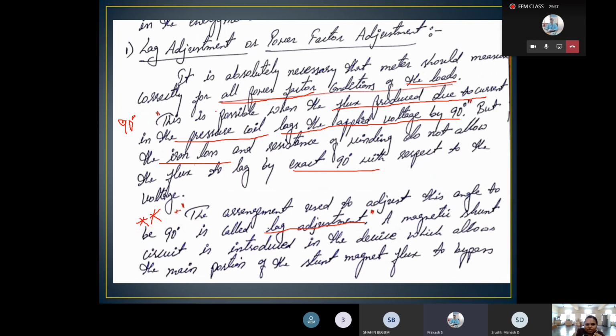Okay, these two points are important: why we are going for the lag adjustment. This is your lag adjustment. A magnetic shunt circuit is introduced in the device.